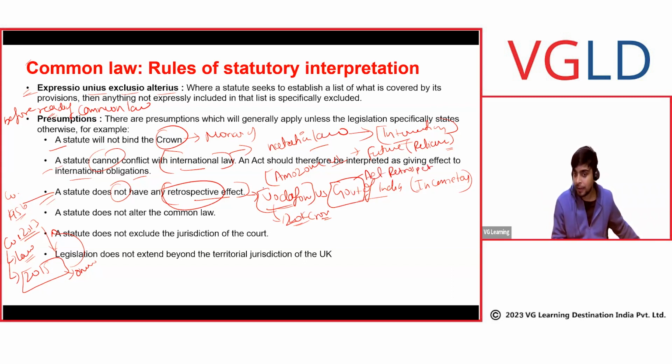Whatever law was prevailing before 2012, as per that, Vodafone won. But Mr. P. Chidambaram changed the act from 1962, because in India the Income Tax Act is from 1961, 1962. So he changed the act from 1962, and this is called retrospective effect. Because of that, Vodafone had to pay this 20,000 crore. Though it favored the Indian government, it damaged India's reputation. So this is what retrospective effect means.